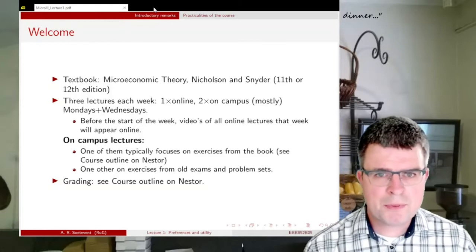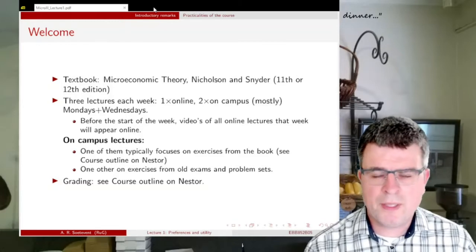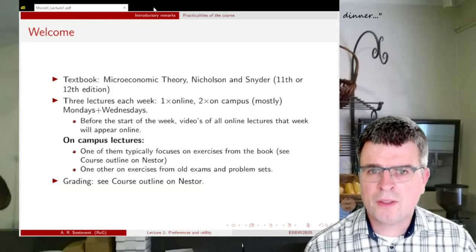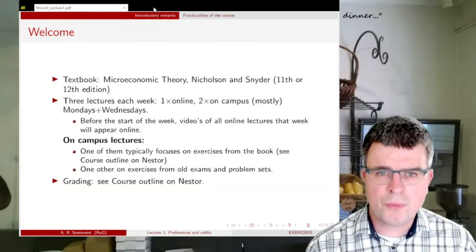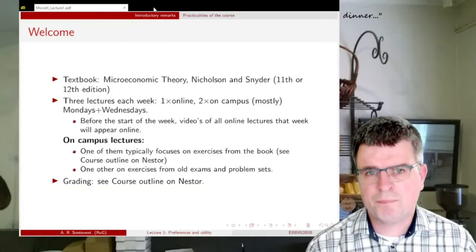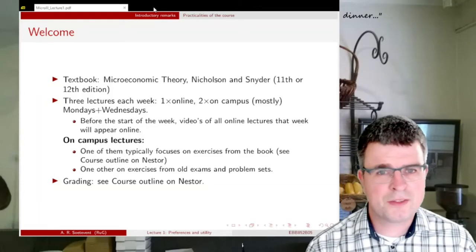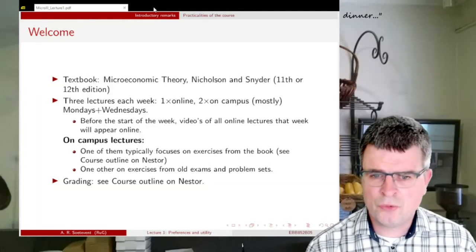For the on-campus lectures, what will we do there? In most cases we will run through a couple of exercises from the book. You need to prepare them, you need to solve them and then come to class, and then we will go over the exercises together and solve them.